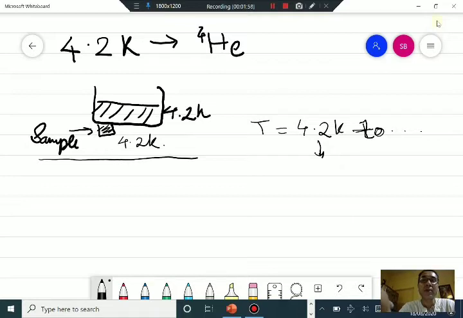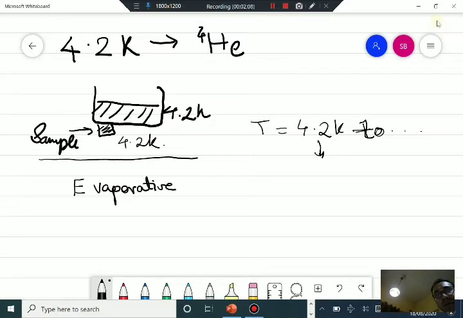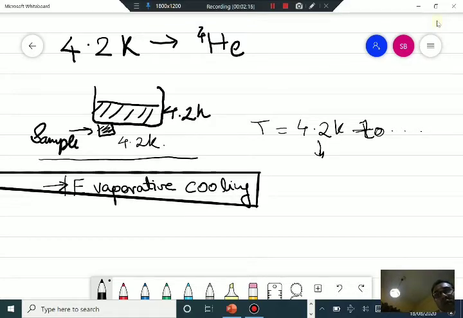So the first amongst those techniques is evaporative cooling. So let us look at evaporative cooling.